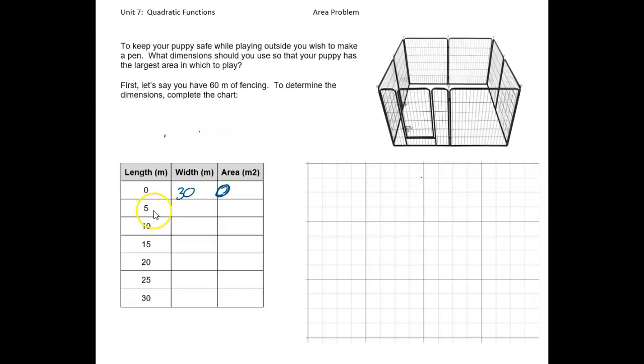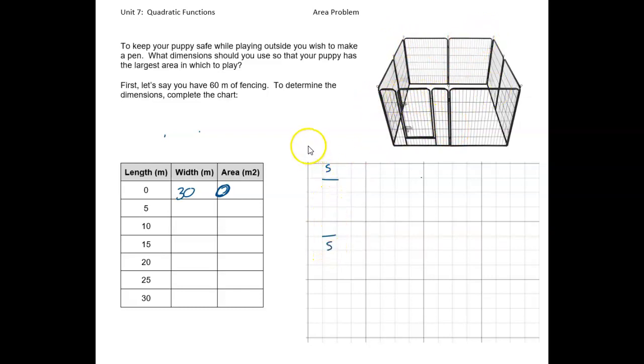Alright, well, if we had a length of 5, and if I just let one block be 5, another block's going to have to be 5, because I would have a top and a bottom. We're making our pen, so letting the back be 5 and the front be 5.